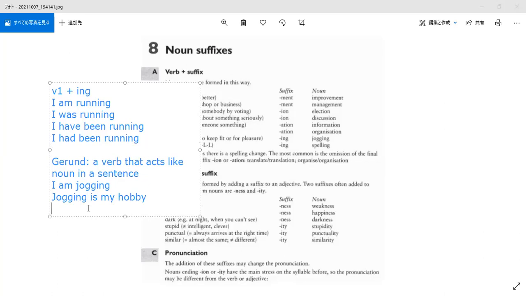See, it becomes a noun. And in here, it has also become a noun because this is the object of the sentence. Subject, verb, object. Okay.